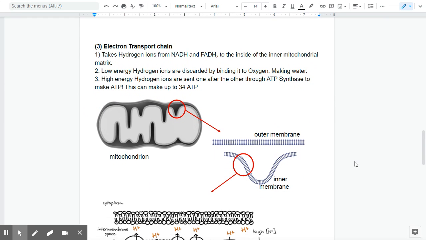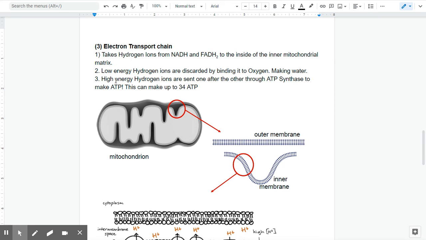And we get to the electron transport chain, which happens in our mitochondria space there, where we take our energy from our hydrogen ions, from our molecules that were carrying them. We have low energy hydrogen, like I said, which is discarded, and that binds to oxygen, making water, and that's how we cart it off.